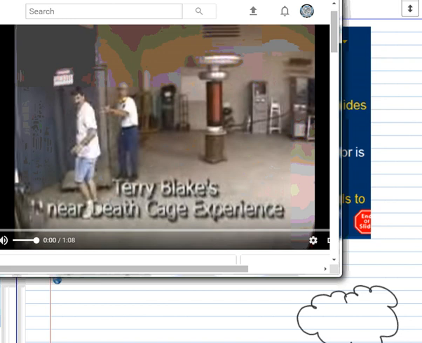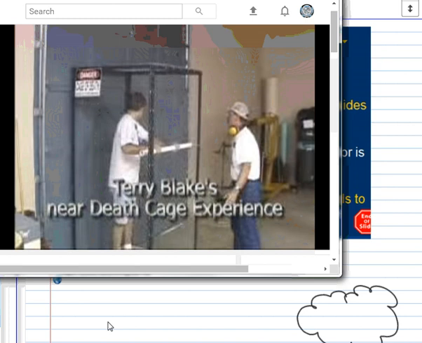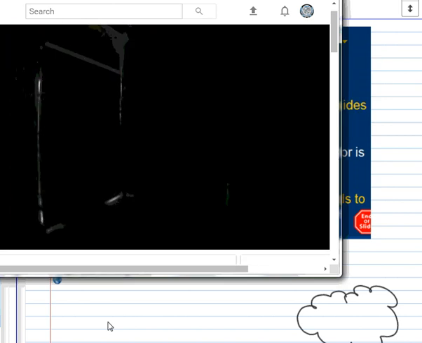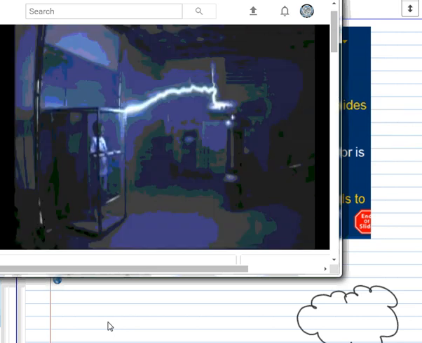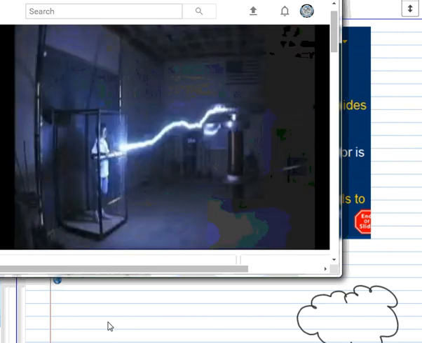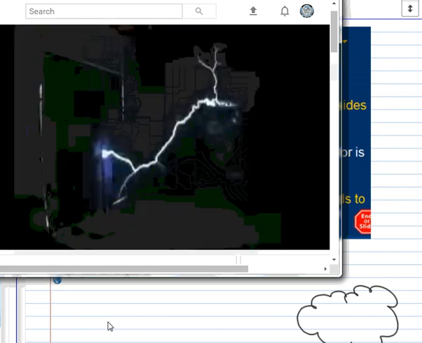Try that again. And we'll try the mouse. He is inside that cage. Do not touch the outside, do not touch the cage.